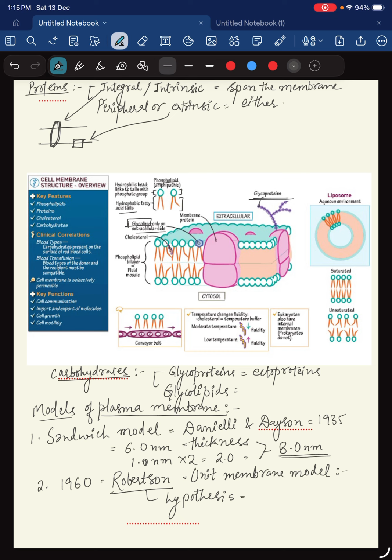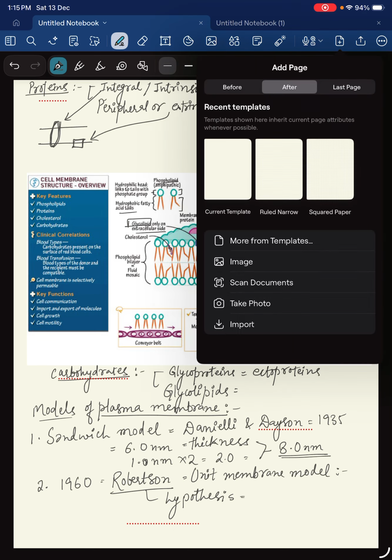And then the last, which we today call the modern model, the third one, the fluid mosaic model, was introduced.